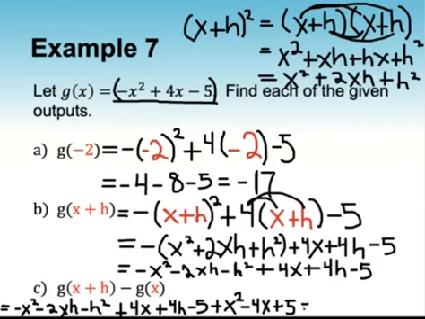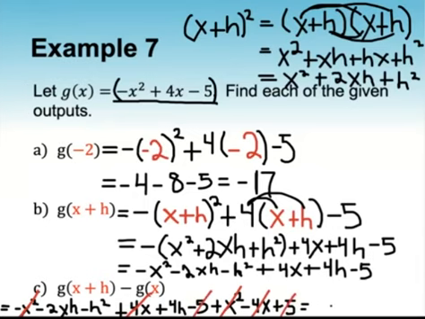And then we can simplify. So I have minus x squared and plus x squared. I have plus 4x minus 4x. Those are canceling. I have minus 5 and plus 5 that cancel.